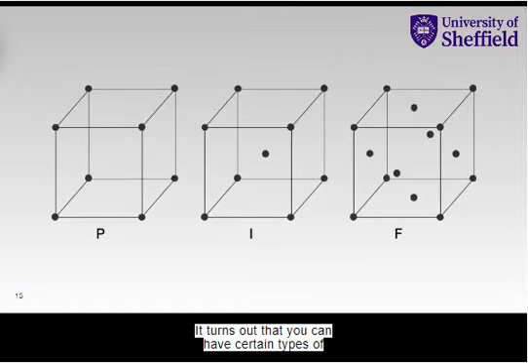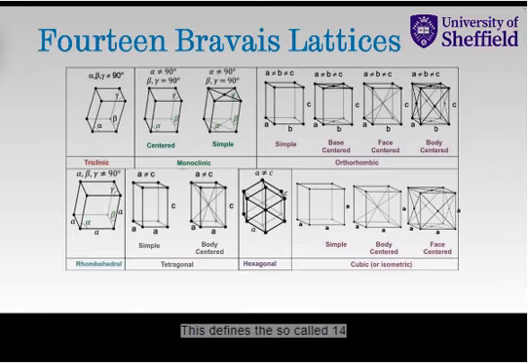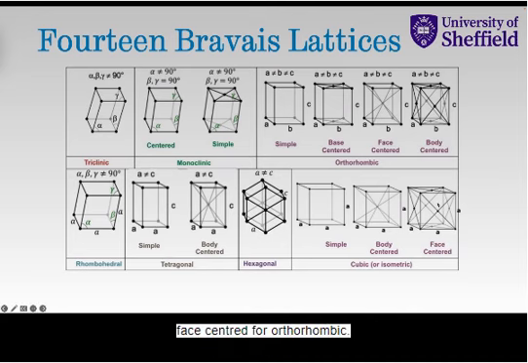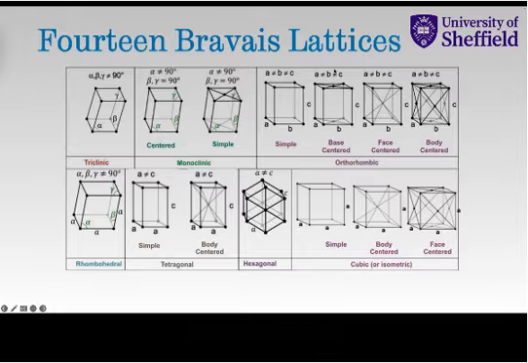And it turns out that you can have certain types of crystal system in combination with certain types of centering, and this defines the so-called 14 Bravais lattice systems. So for a cubic, we said we had simple, body-centered, and face-centered. For orthorhombic, we can have simple, face-centered, and body-centered, and we can also have base-centered, where we just have two faces that have an additional lattice point on, shown there.